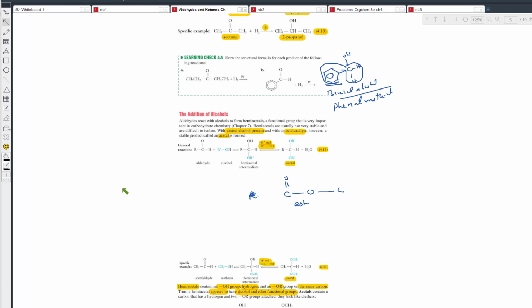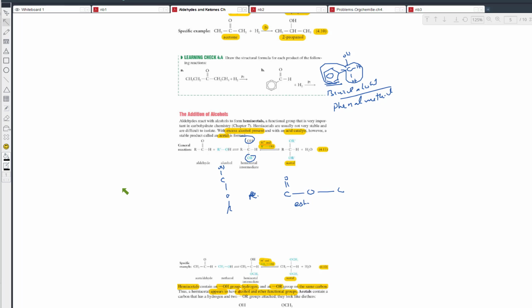Hemiacetal means one OR ether group is here, and also an OH group is here. A carbon with one oxygen and radical, and the other one is alcohol. So we call it hemiacetal, half alcohol.